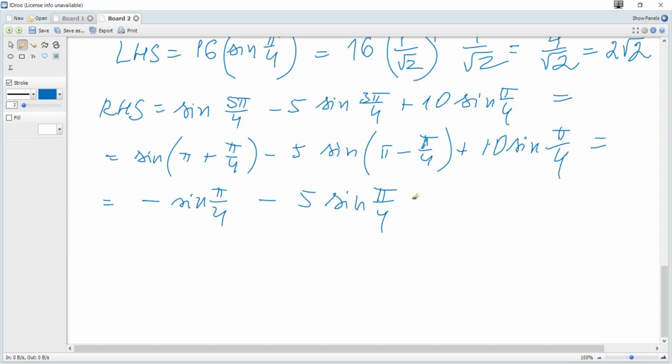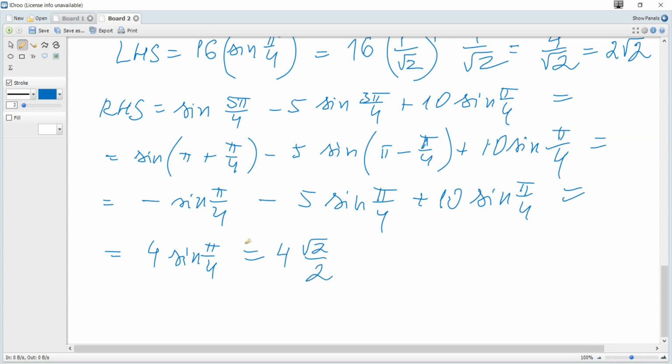And plus 10 sine of pi over 4, and you can see that we can add them up to get what? 10 minus 5, 5 minus 4 sine of pi over 4, and 4 root 2 over 2. It's just sine of pi over 4, which is 45 degrees, and we get 2 root 2. So it seems to be correct. And you can see that the left hand side is equal to the right hand side.